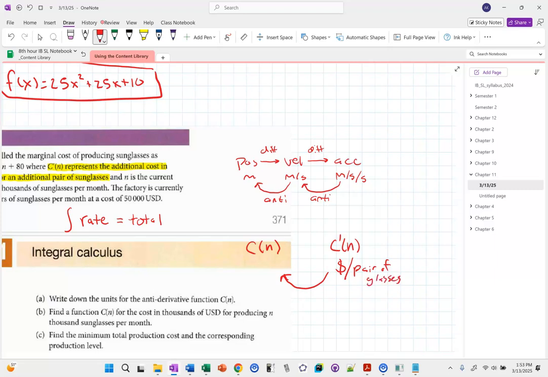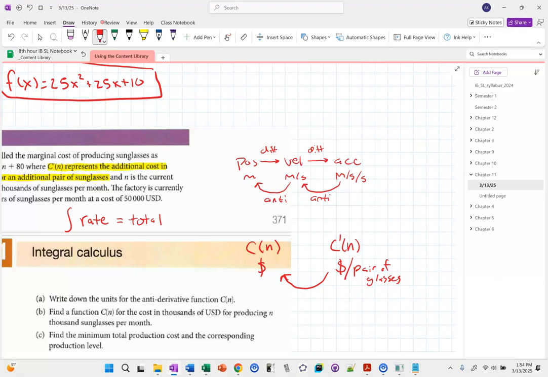So the unit for C prime of n should be dollars per pair of glasses. Everybody agree with that? We just read that out of there. So what should the unit for C of n be after we do the antiderivative of C prime of n? Just dollars. Does everybody feel okay with how we came up with that?